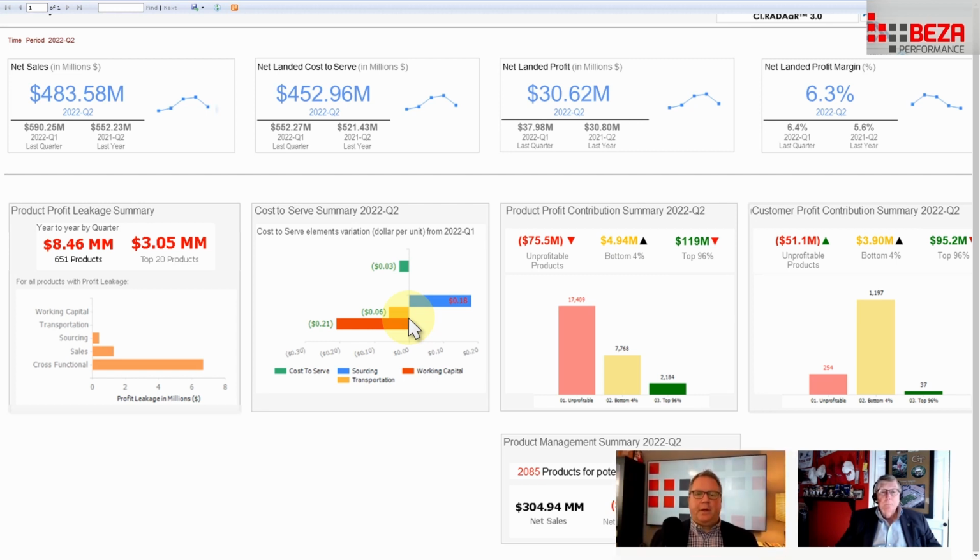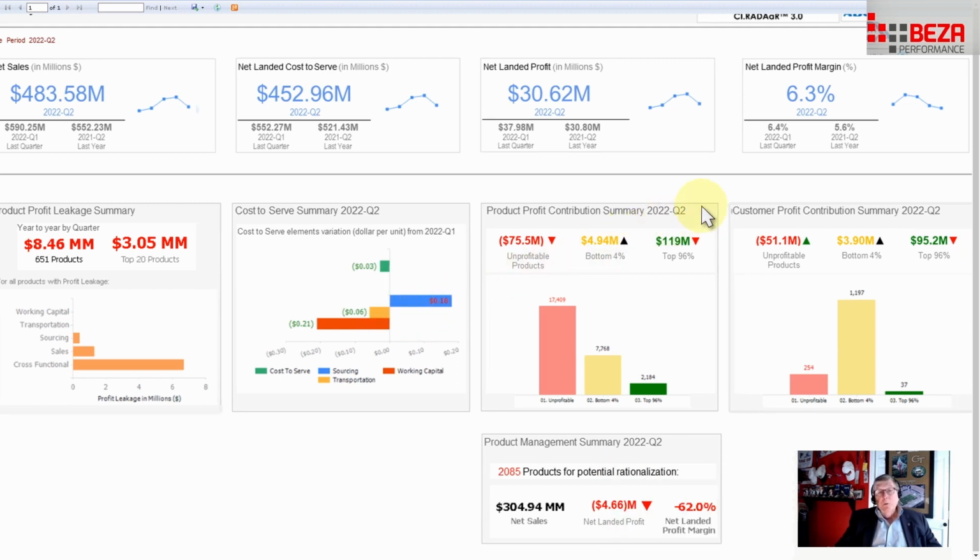Sure does. Yeah, absolutely. Okay, so quickly, let's move over to the right side of this graph of the system. Here we're looking at the performance of products and customers. The first one is product, and out of the thousands of products that we're selling, we have 17,000 products that are totally unprofitable.